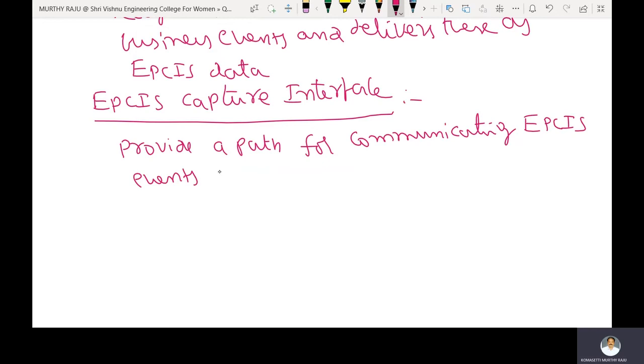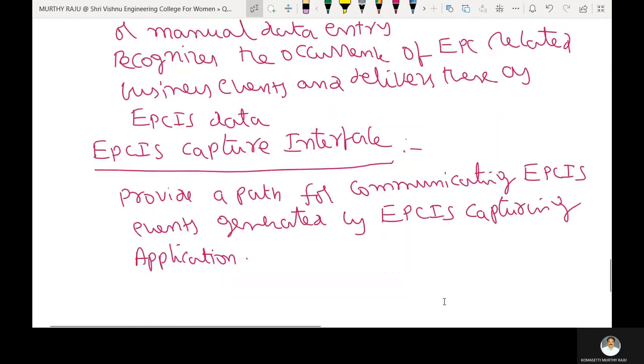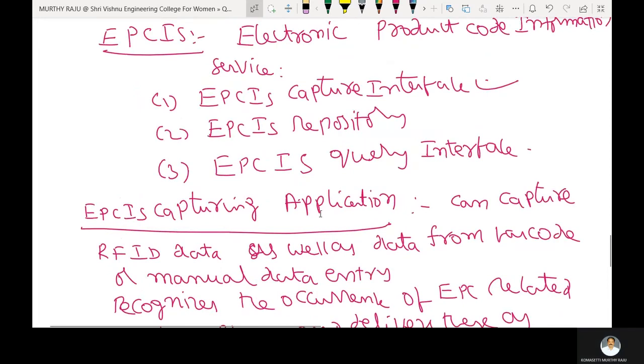Consolidated and filtered product information generated by the EPCIS capturing application. This is the capture interface function.